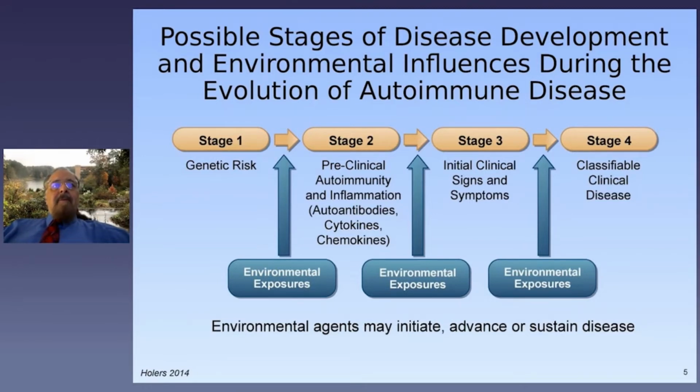Further development in the process with other environmental exposures brings us to stage 3, where we have some initial clinical signs and symptoms but have not yet met full criteria for autoimmune disease. And finally, we have stage 4, where our doctors can diagnose these diseases. Environmental agents are probably important in the development of all of these stages, which can take, in some cases, only a few days, and in others many months, years, or even decades to evolve.